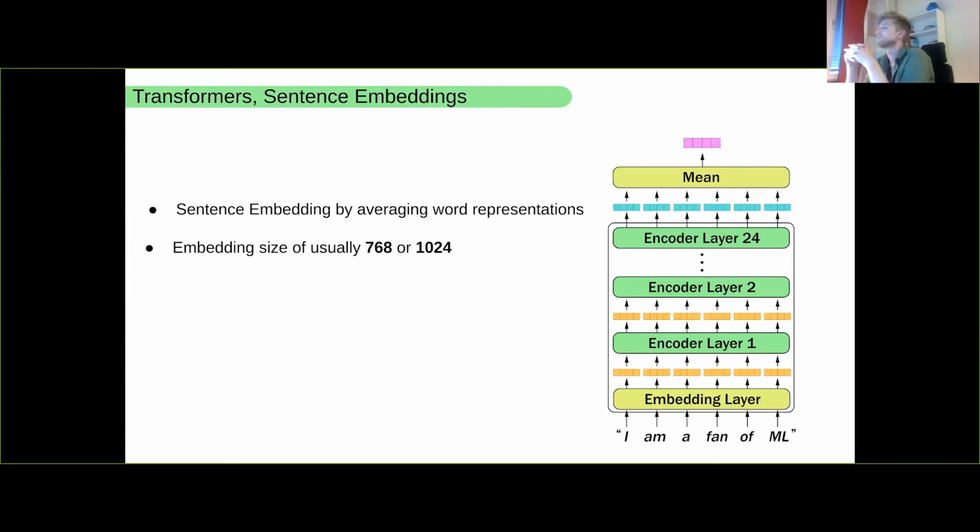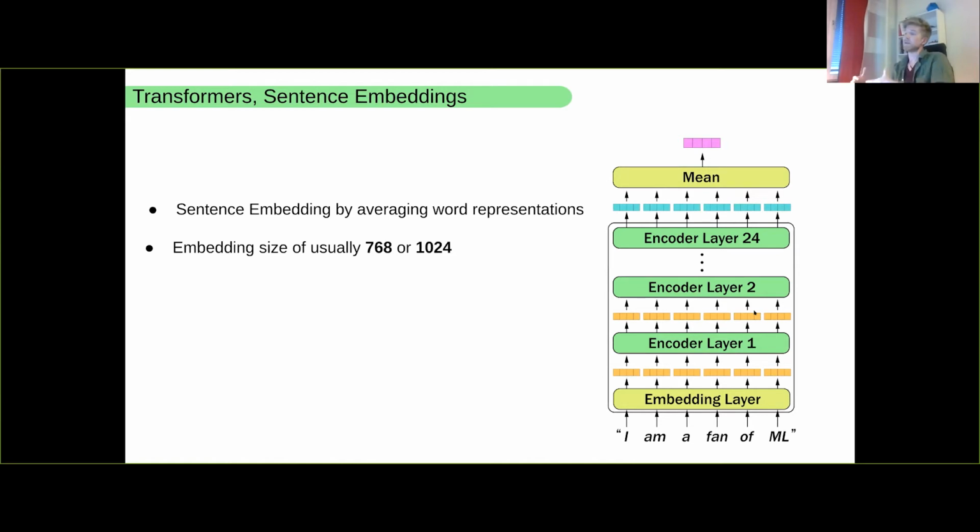But now the question is, how do we extract sentence representations from this? As we pass all of the words in parallel through the model, the model keeps a word representation for every word throughout the model. It passes layer by layer, and it keeps a word representation.